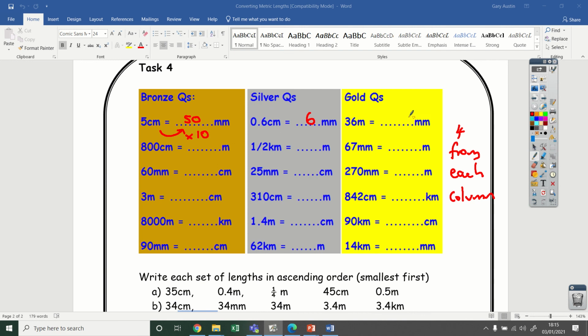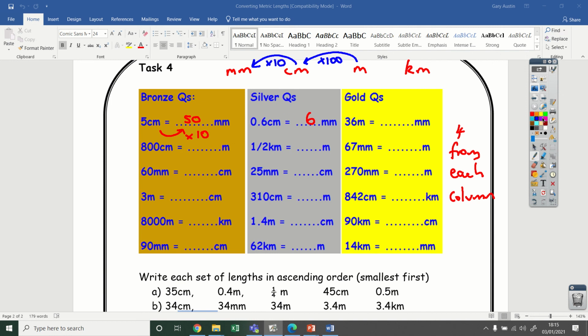Meters into millimetres, though, well, these are 2 units apart on your diagram, because your diagram has got millimetres at this end, and then centimetres, and then meters, and then kilometres. If I want to move from meters to millimetres, I have to do 2 conversions because there's centimetres in the middle. So meters to centimetres, that one was times 100. And then centimetres into millimetres is another times 10.